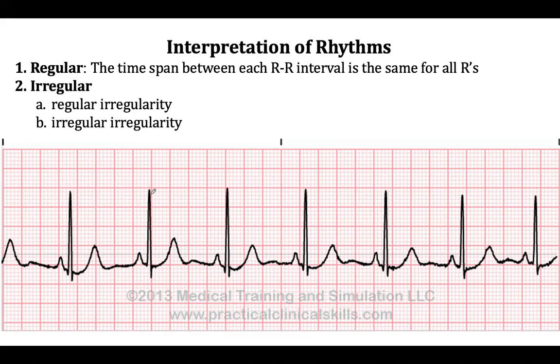So from this peak to this peak, am I looking at the same distance? Or is it irregular? Irregular can mean regularly irregular, or you can have irregularly irregular, as in a continuous irregular pattern all the time, where you won't see any observed pattern.